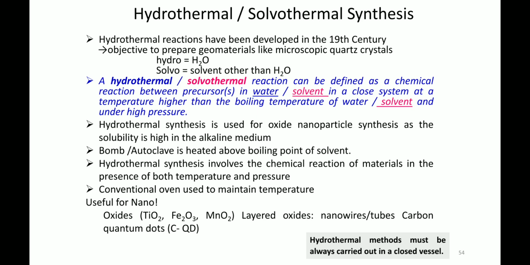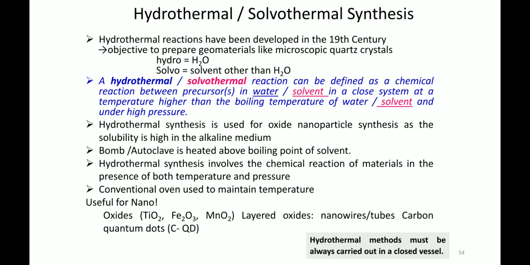We use the terminology hydrothermal when we are using hydro as the solvent. Hydro represents the H2O molecule, that is water. So if you are using water as the solvent to make materials using this technique, then you call it hydrothermal synthesis.